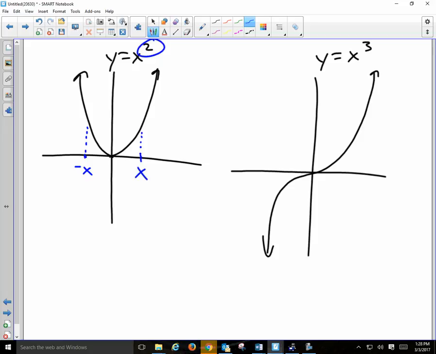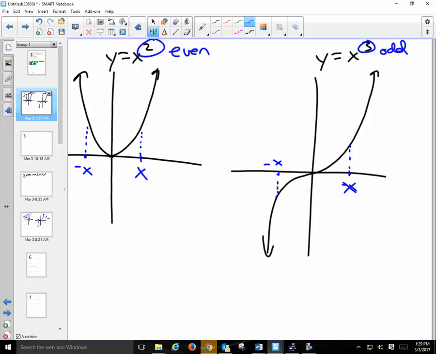And so whether you plug in a positive x or a negative x, you get out the same answer. Look at what happens here. If you plug in a positive x, you get out this result. But if you plug in a negative x, you get out that result. They are opposite in value. This is an odd function. This is an even function.